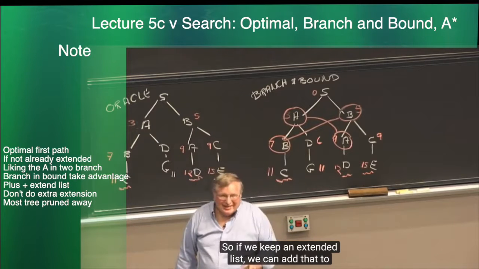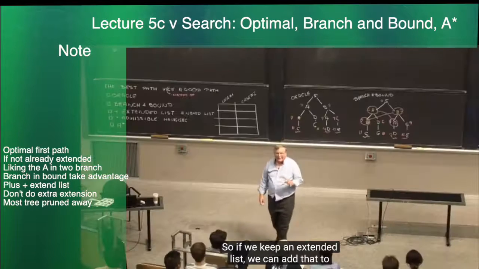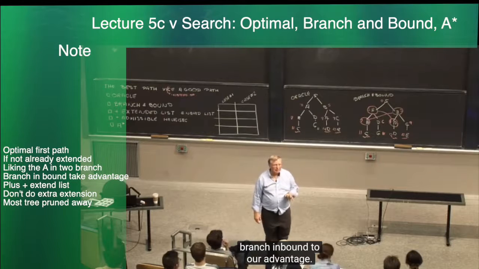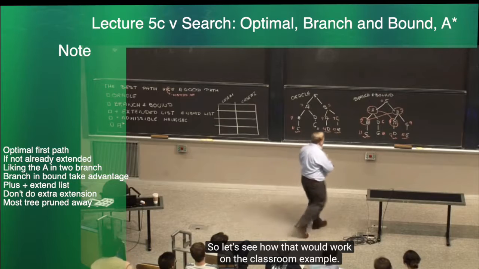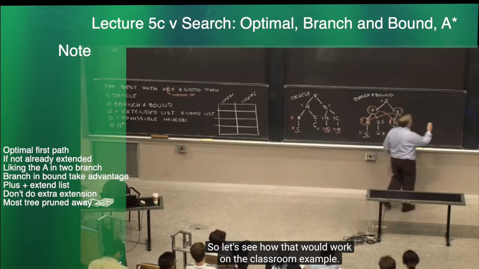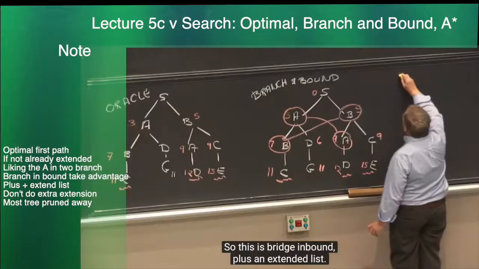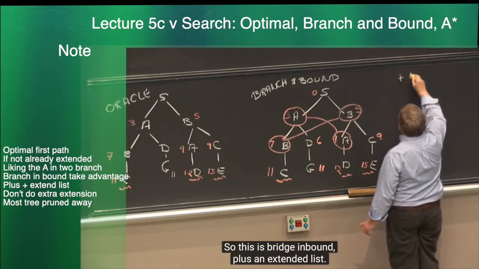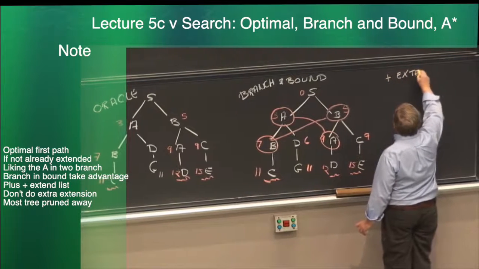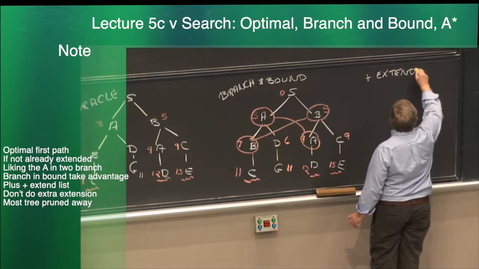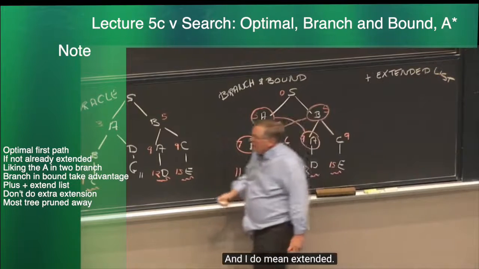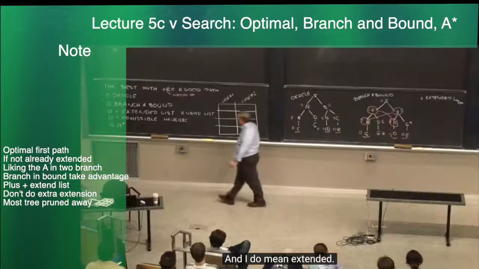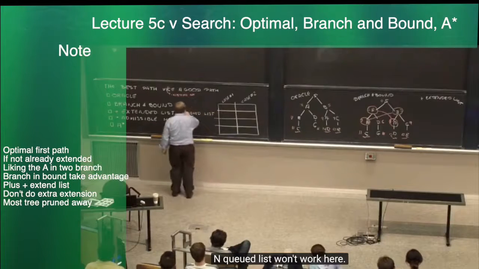So if we keep an extended list, we can add that to branch and bound to our advantage. So let's see how that would actually work on the classroom example, and then we'll do Cambridge. So this is branch and bound plus an extended list. And I do mean extended, not an enqueued list. An enqueued list won't work here.